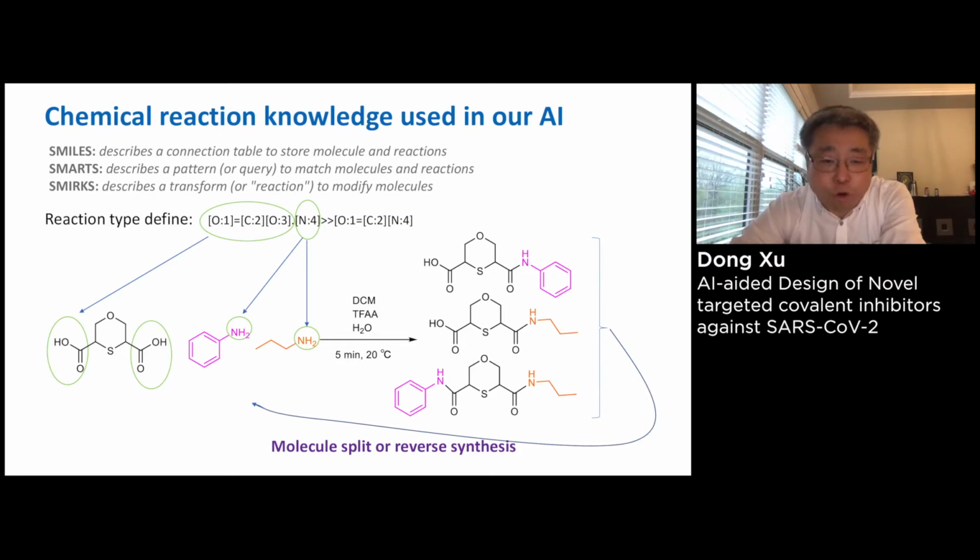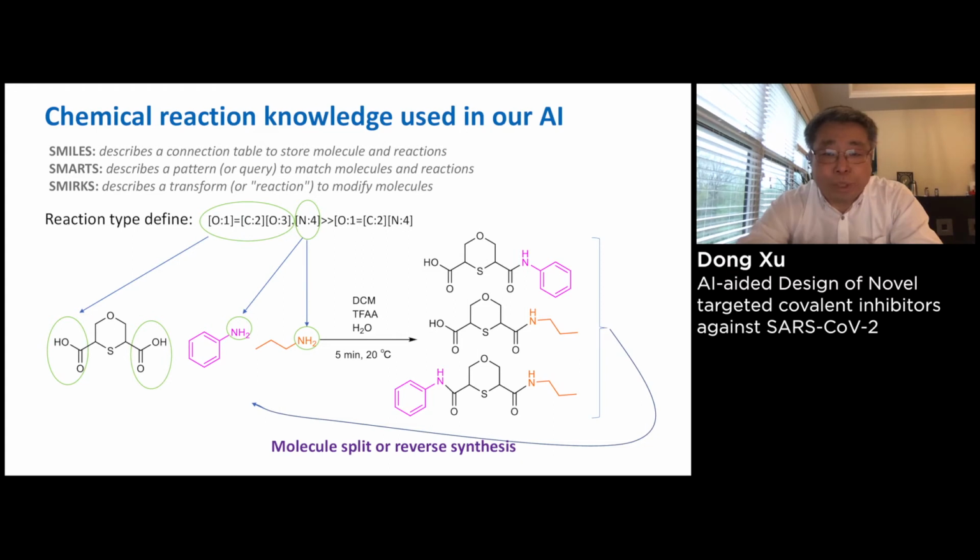Of course, when you form additional chemicals, you also have to follow these chemical reactions that are encoded by these SMIRCs. So this recombination, in our case, we only consider recombination of 2 units.